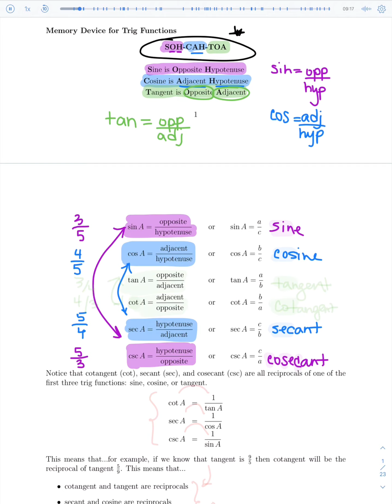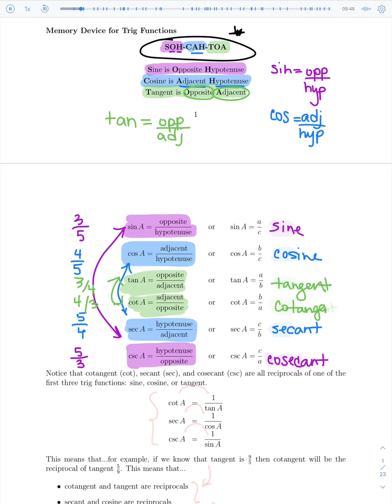And then what's nice is with tangent and cotangent, those are reciprocals of one another as well. So, for instance, if tangent here was, let's say, 3/4, cotangent would be its reciprocal 4/3.